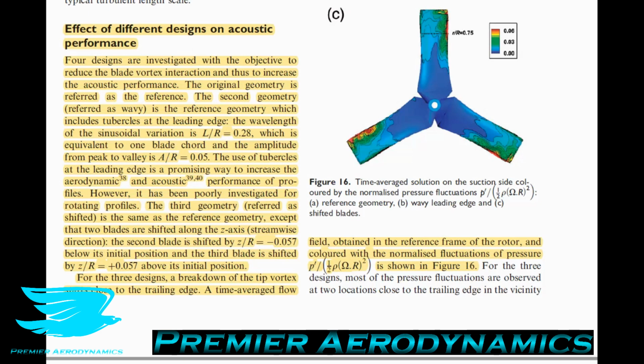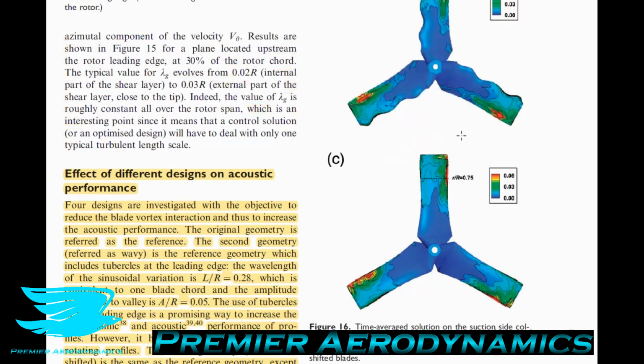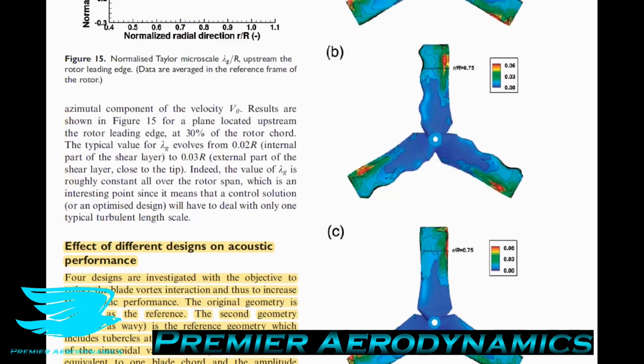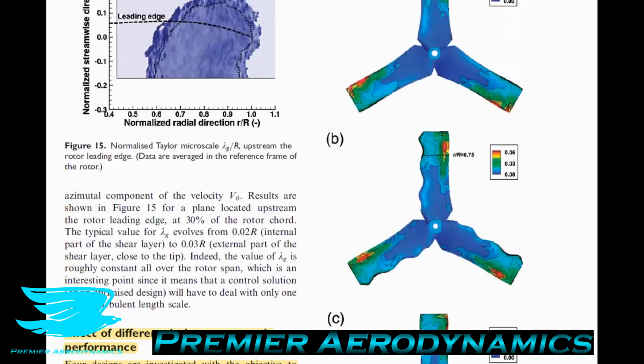Those are tubercles, and they can be characterized by their wavelength, so how much they're squashed together, and their amplitude, so how much they poke out. For this one, they say the wavelength of the sinusoidal variation is 0.28, which I don't know what they're referencing here, because the typical notation for tubercles is A for amplitude and lambda for wavelength.